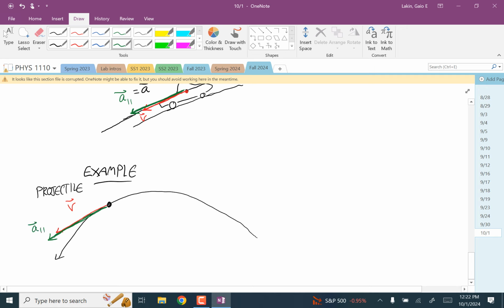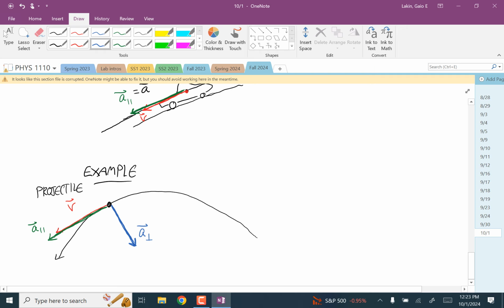And now which perpendicular direction does A perpendicular act? Is it kind of up or kind of down? If you fit a circle to this curve, its center would be on this side. So it's going to be perpendicular to those other two in this direction. And now we're adding the green and blue vectors together.